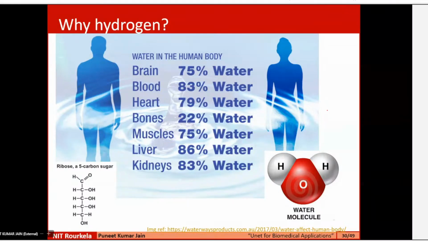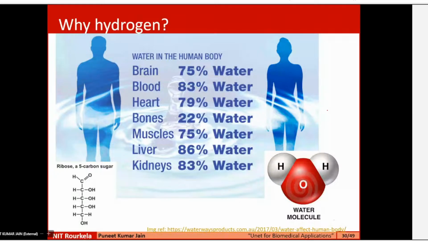If there is any abnormality, the ratio of the water and other molecules will change. And if that changes, the number of hydrogen atoms combined with oxygen, and the number of hydrogen atoms combined with the COH or other molecules will change.